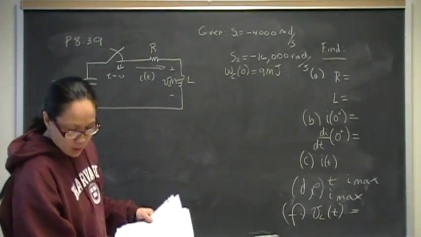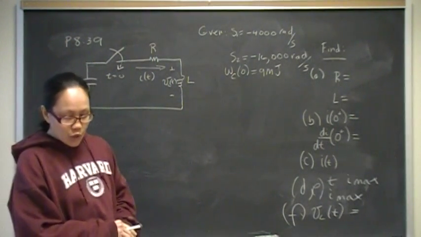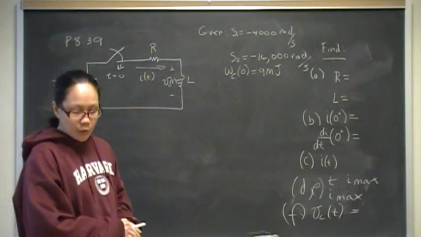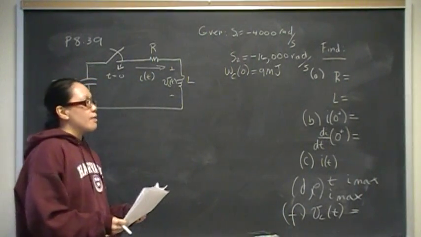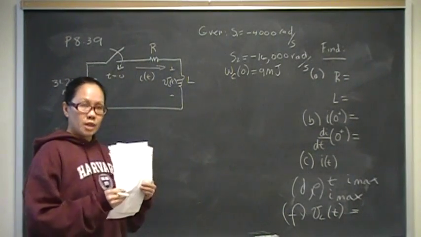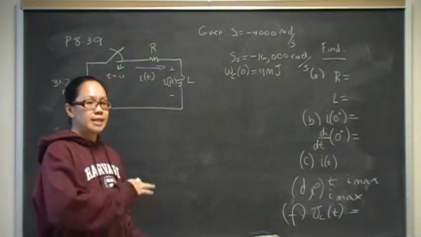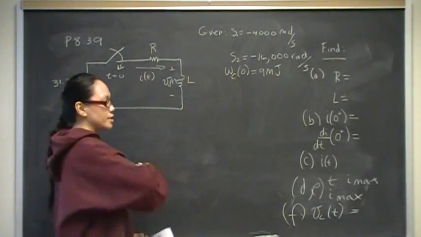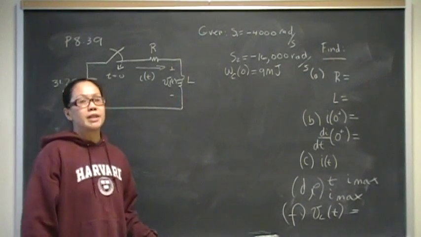Part D asks, how many microseconds after the switch closes does the current reach its maximum value? The key word here is maximum. The key to solving this one is to realize that the equation for the inductor current is a decaying exponential, so it's concave downward, and that means we can use calculus to solve this.